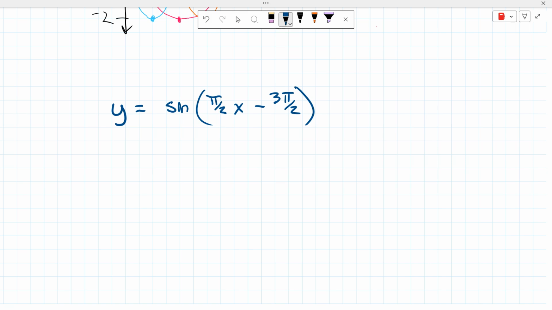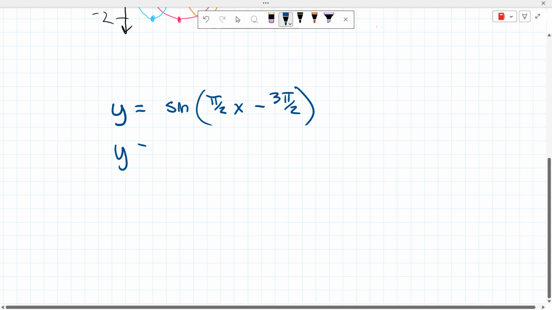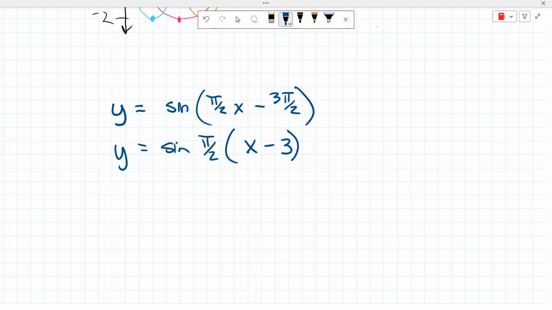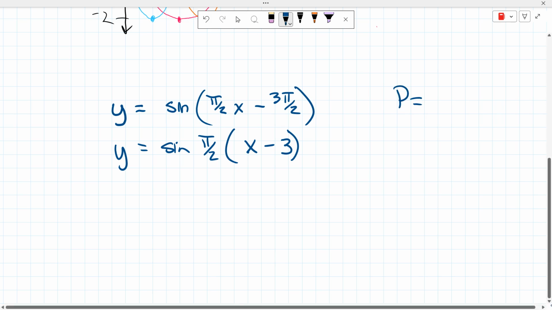So, since it's inside of parentheses, I better factor it out, huh? Well, when I factor it out, what is left? If I take the pi over 2 out, I get x minus a normal 3, because 3 pi over 2 divided by pi over 2 is just a normal 3. So what's my period on this one? Well, my period is 2 pi divided by pi over 2.